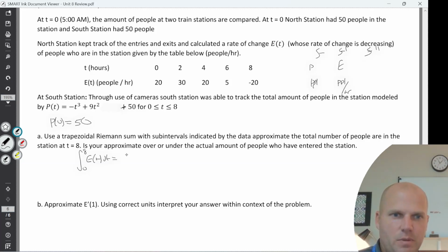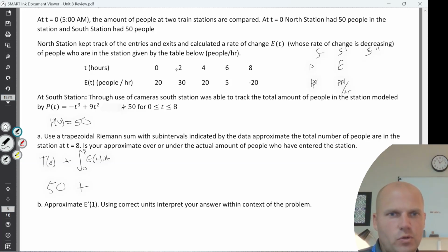So I don't want to use P, but this would be the total people at 8 minus the total people at 0. That's not what we want. We want the total people at 0 plus that accumulation. Don't forget initial positions. So total people at 0 is 50 plus this trapezoidal approximation.